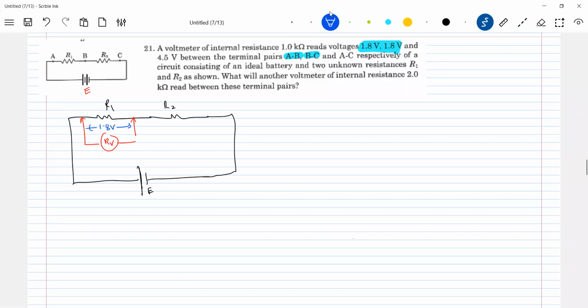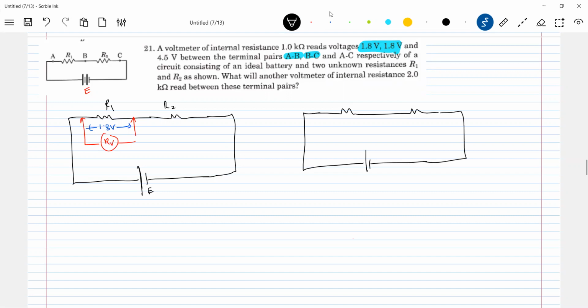Next again. Again, it will read 1.8 volt. The same voltmeter.